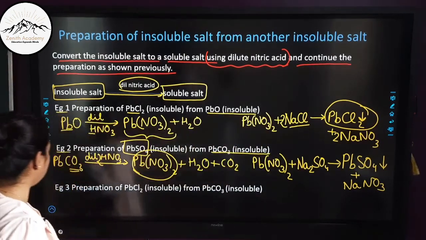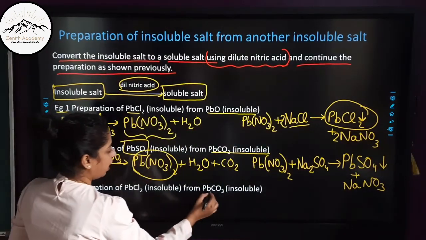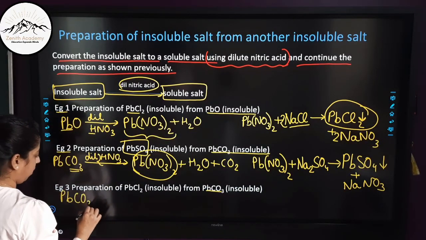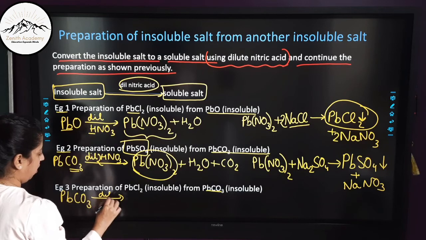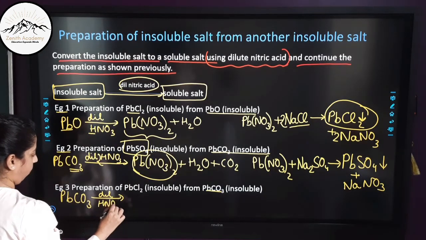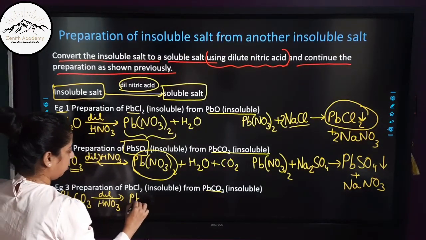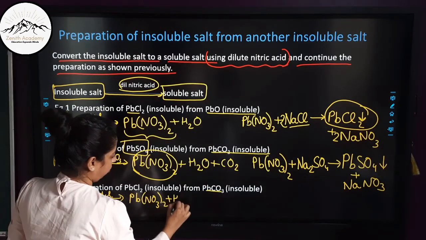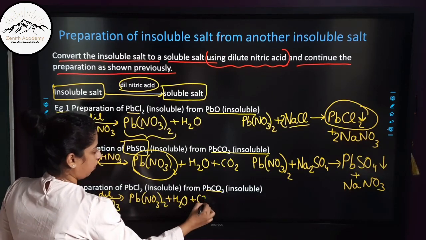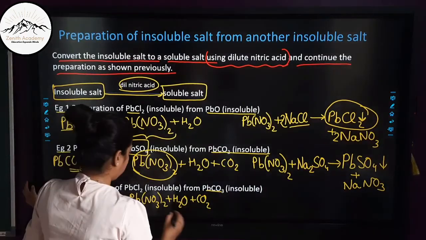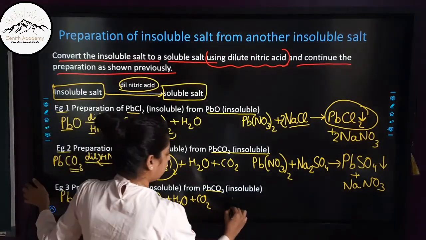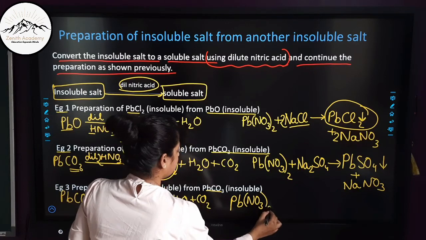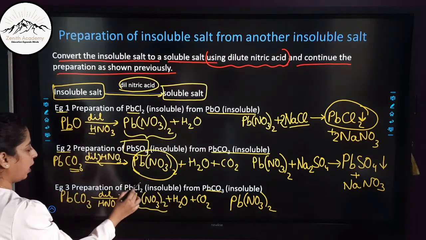Let's see our third example, preparation of lead chloride from lead carbonate. So again we have lead carbonate, PbCO3. We will react it with dilute HNO3 and we will get lead nitrate, water and CO2. Right? So now we will take this lead nitrate, Pb(NO3)2. Now just see what we want to prepare, lead chloride.